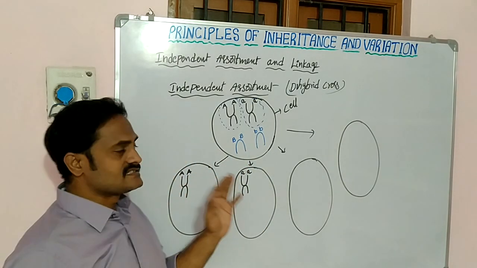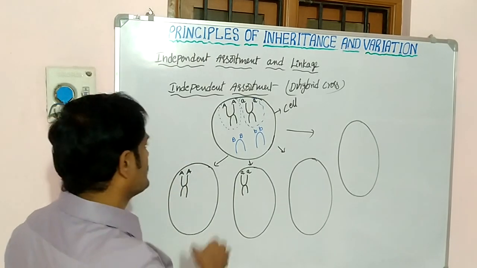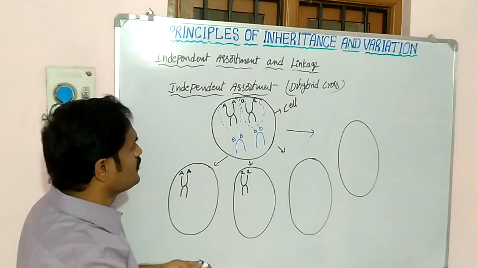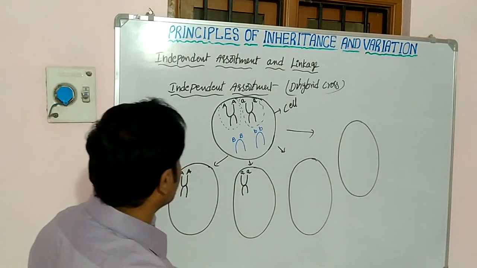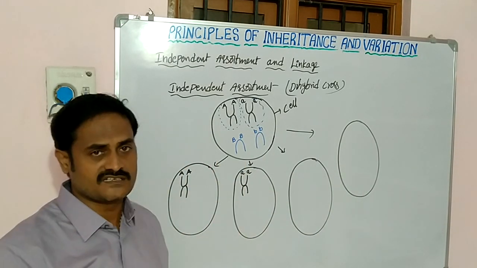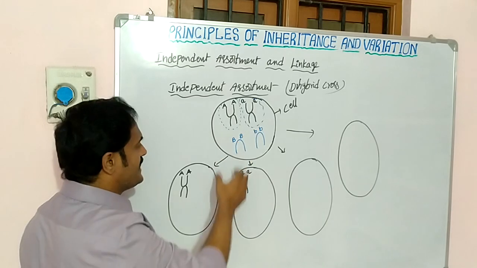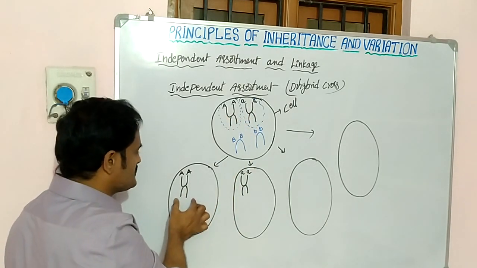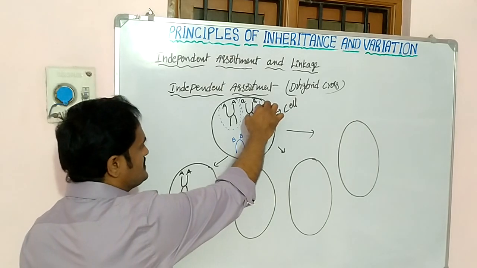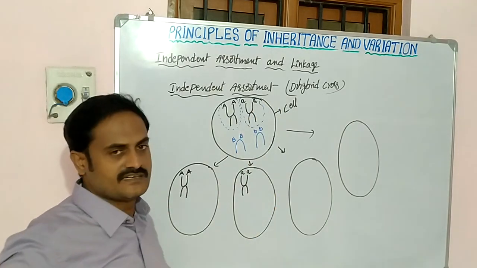First I will discuss the two cells. Like this, these two chromosomes are segregated from the parent cell into the daughter cells. The first chromosome reaches into this cell, and the second chromosome reaches into this cell.